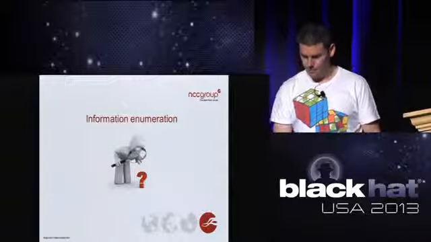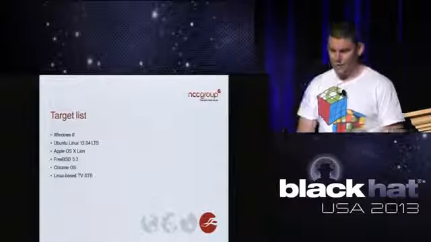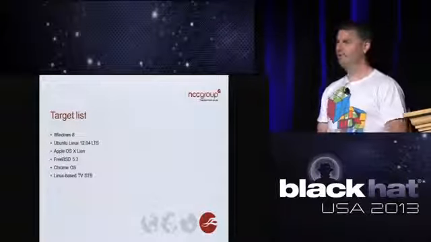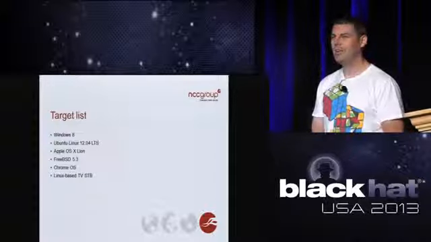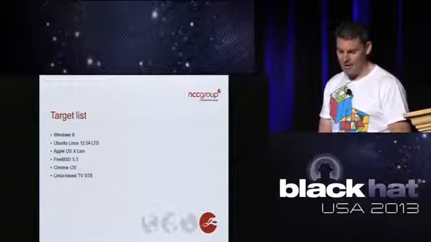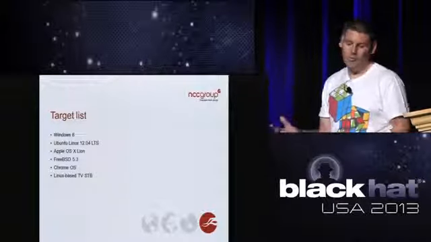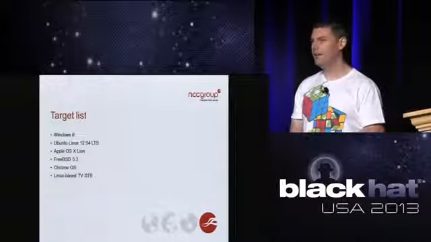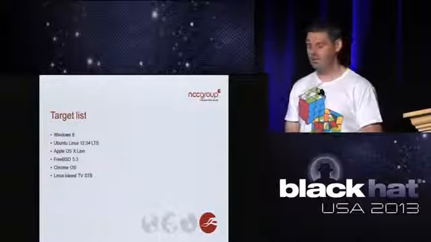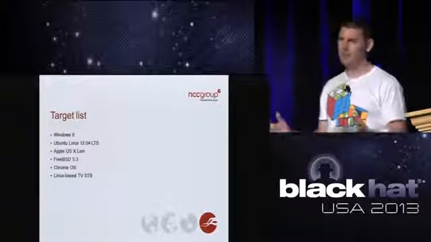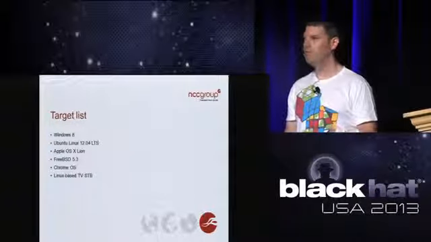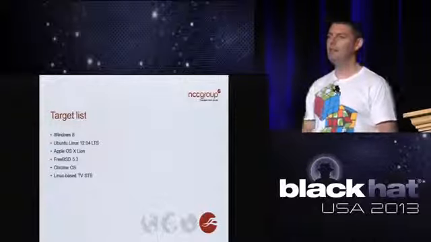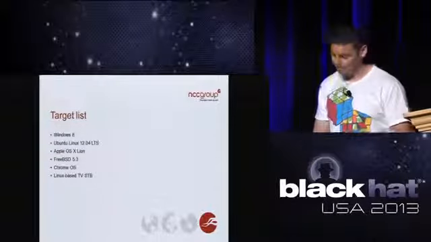So, enumerating information. The target list wasn't in any way carefully thought out. It was the machines that I had available to me in my lab. I was just initially interested to find out if there were any differences in the way that these stacks processed USB information during the enumeration phase and during class-specific communication.